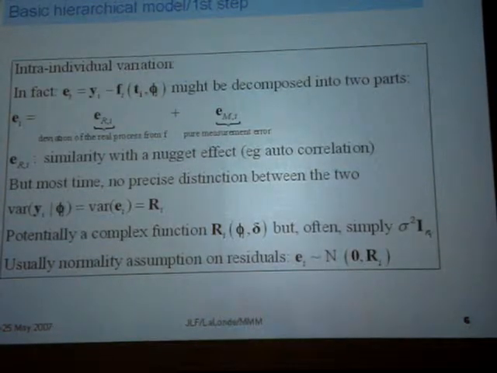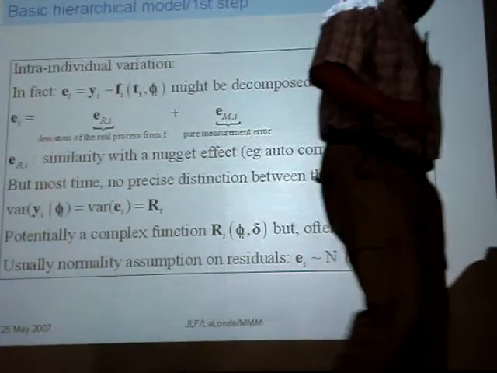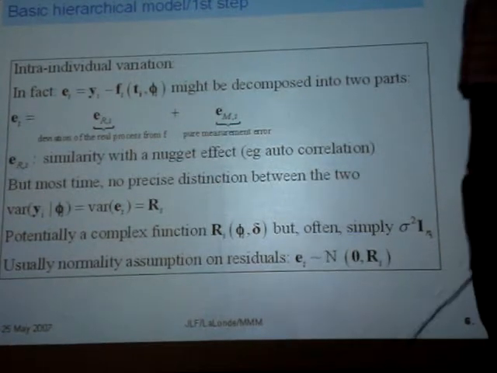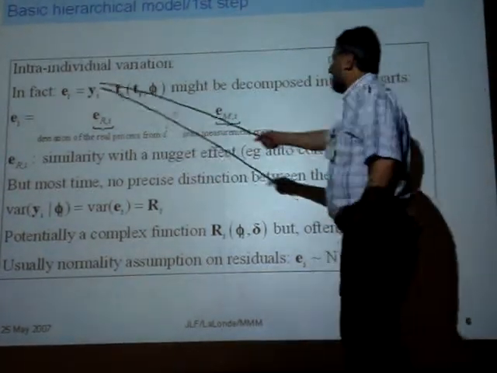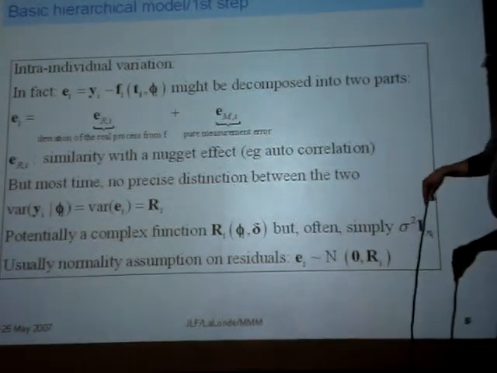Next, we consider now the variance of the conditional distribution of the response given the parameter, and in fact this will be the variance of the residual, ei equals yi minus fi.